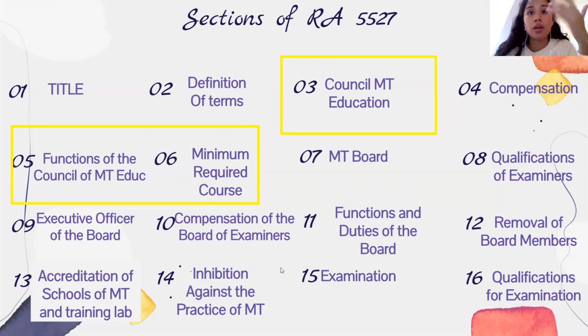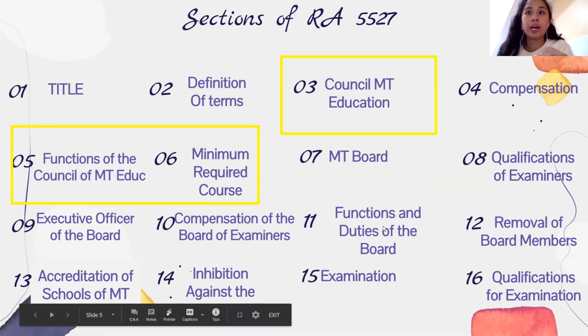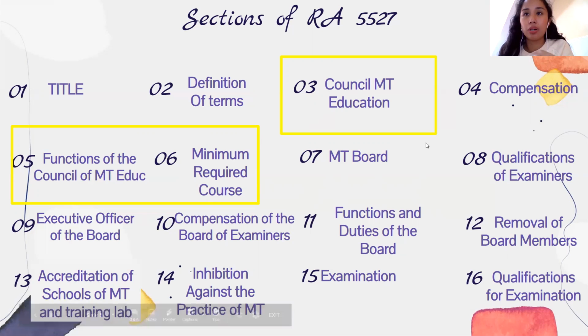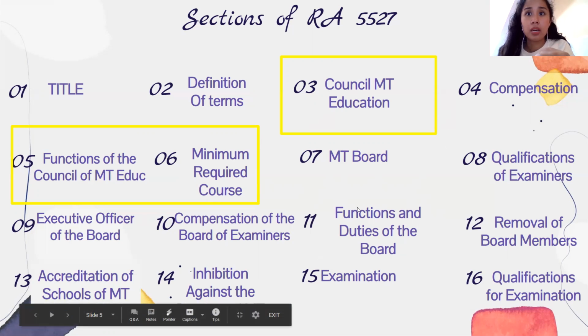Please take note of the section. If you observe the sections in RA 5527, we have number 8. Once you finish the course, there is now the qualification of examiners. The ones who will give the board exam, the medical technology board, have qualifications. What else?